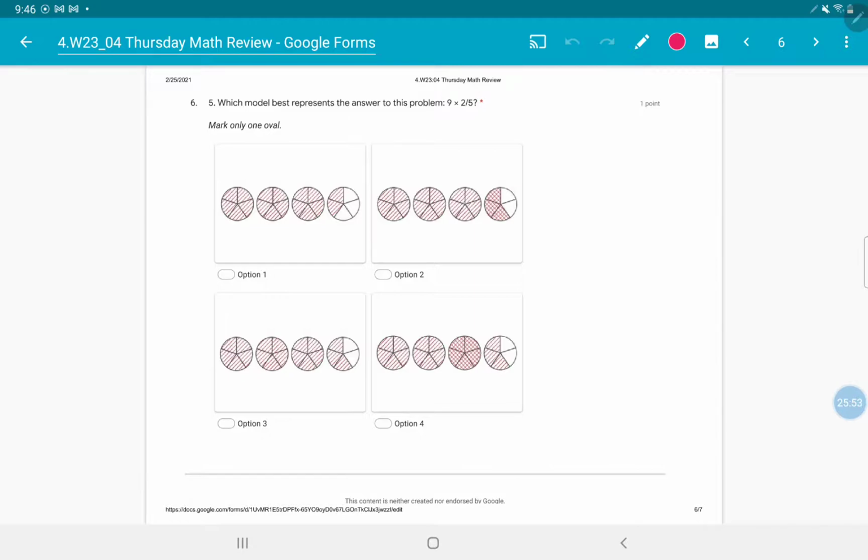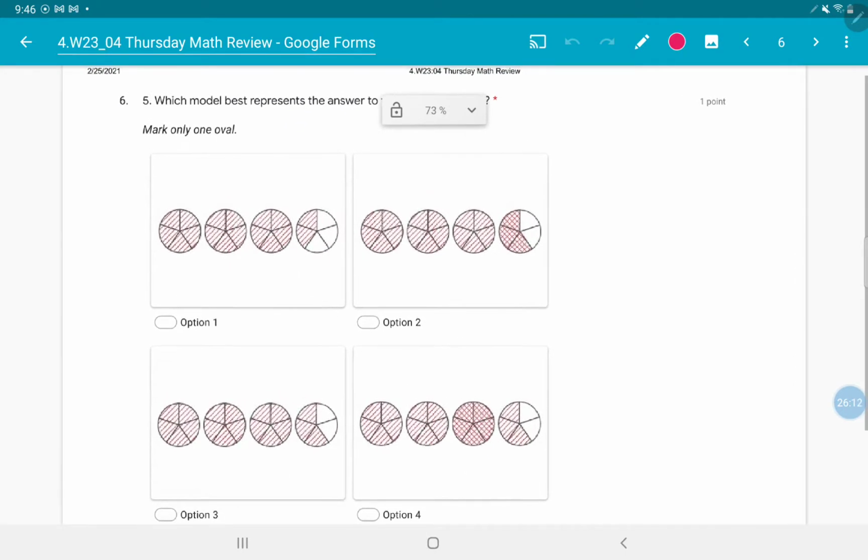Well, good. Alright, so let's look at this last one. We're multiplying 9 times 2/5. So I'm doing 2/5 9 times, or 9 groups of 2/5. How else can I solve 9 times 2/5?